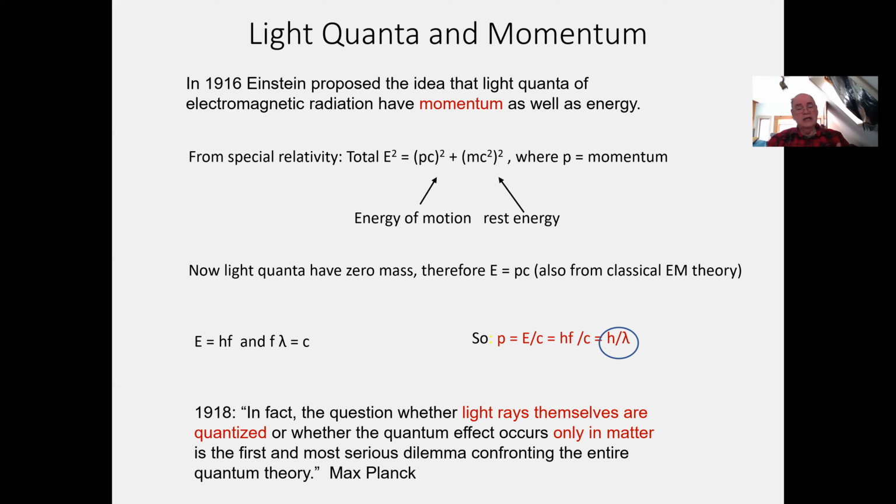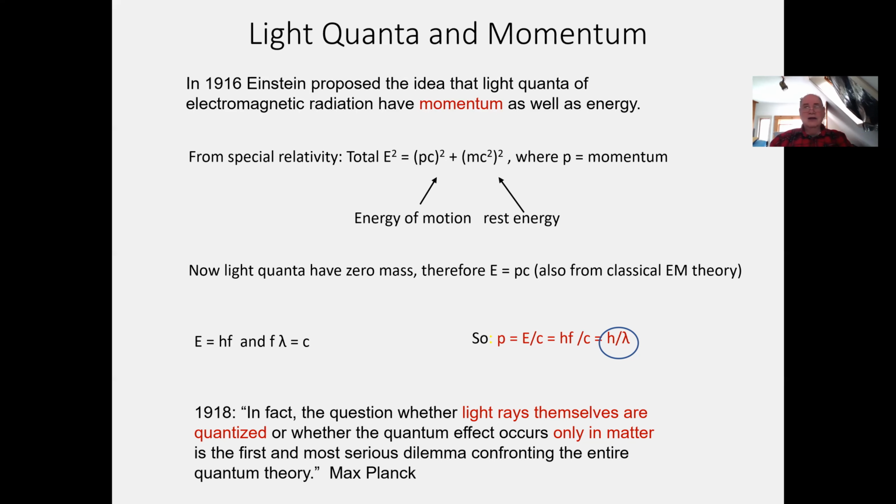In fact, the question whether light rays themselves are quantized, or whether the quantum effects only occur in matter, like my black body radiation, is the first and most serious dilemma confronting the entire quantum theory. According to Planck, the existence of photons was still in question.